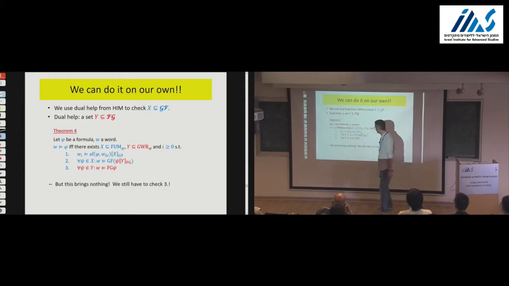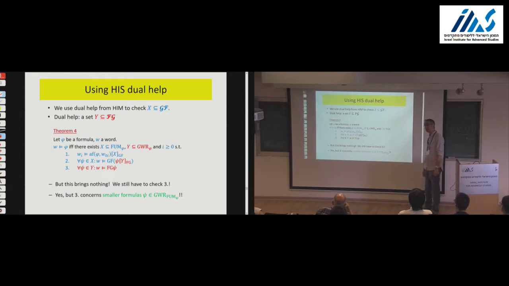But now this is the moment at which Moshe is going to have this idea. Now we need help only about the smaller formulas. We only need help about formulas of this fragment, GWR of FUM of phi. Therefore, when you continue this process, the process is going to finish, because you start with a process where you need help about temporal subformulas of phi.